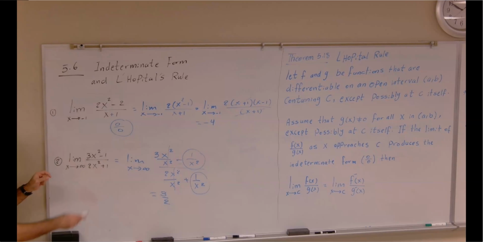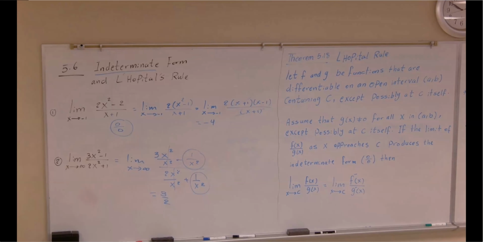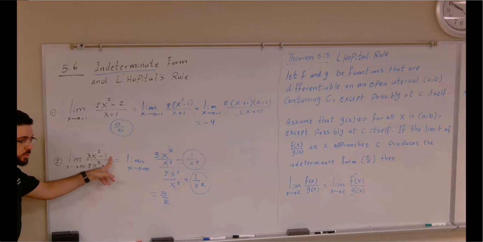I need to look at this indeterminate form. Now, if you plug in infinity here, infinity squared is going to be infinity. Any number times infinity is still infinity. Minus 1, still infinity.